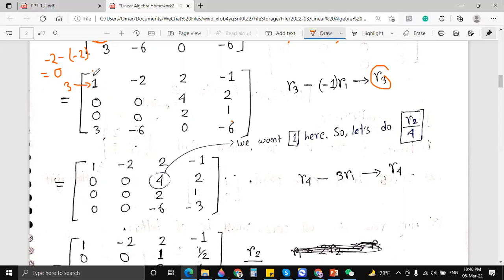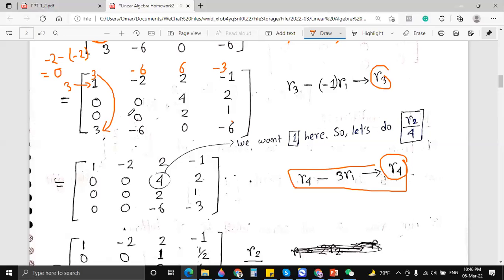3, minus 6, 6, minus 6, and minus 3. Now I have to subtract the first row from the fourth row. That means R4 minus 3 times R1, and then we assign that result to row 4.